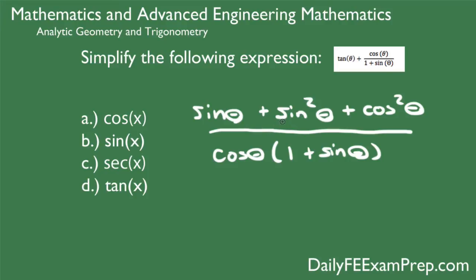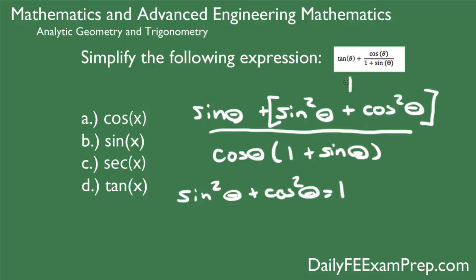Now if we refer back to our trigonometric identities, we can see that sine squared theta plus cosine squared theta is equal to 1. Where do we have that in this expression? Right here. So this is now equal to 1, which pretty much cancels all that out. Now we are left with sine theta plus 1 over cosine theta times 1 plus sine theta.